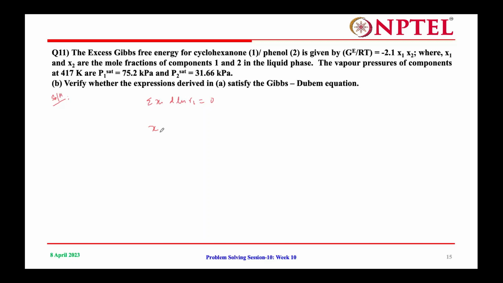For the binary solution system, x1 d ln gamma 1 by d x1 plus x2 d ln gamma 2 by d x1 equals 0. Right, this is equation 1.